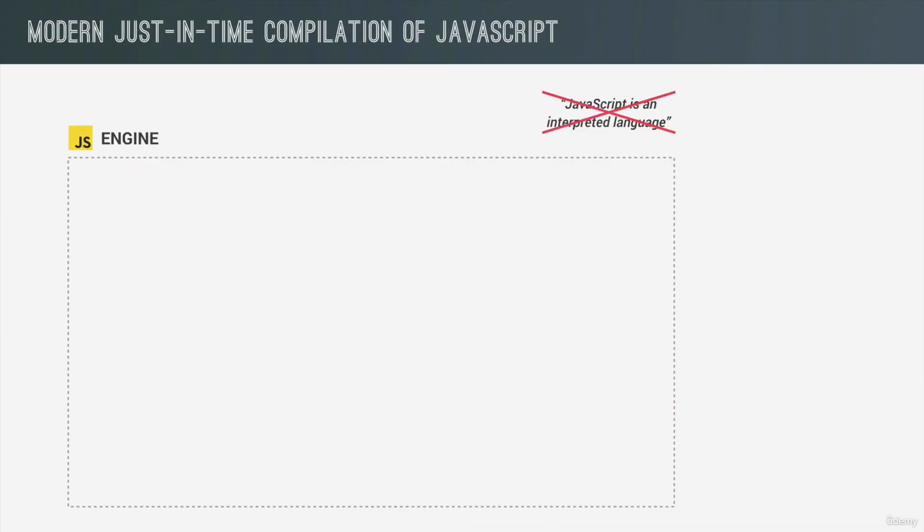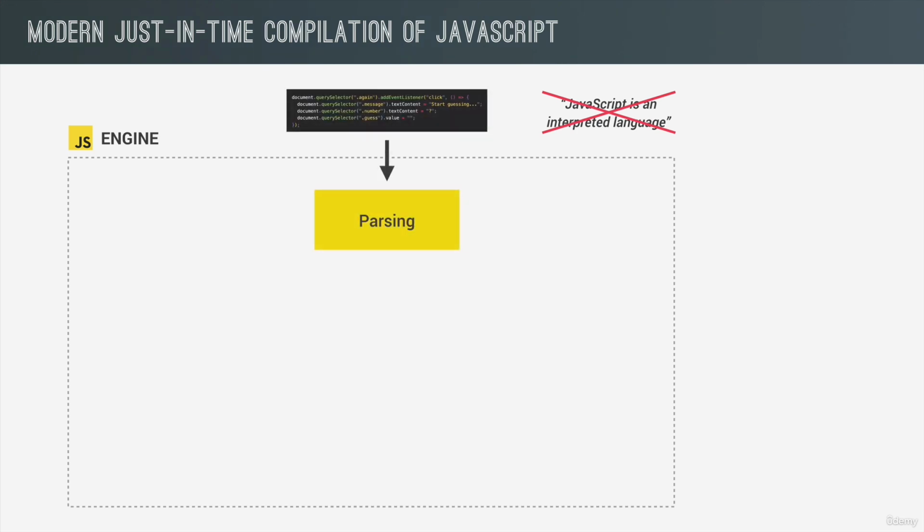So, as a piece of JavaScript code enters the engine, the first step is to parse the code, which essentially means to read the code. During the parsing process, the code is parsed into a data structure called the Abstract Syntax Tree, or AST.